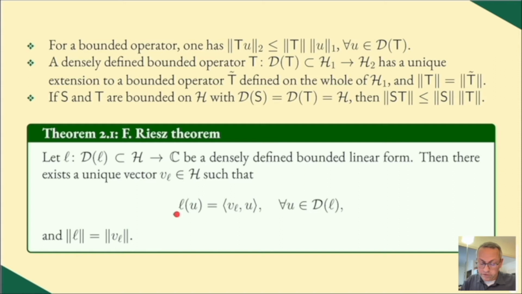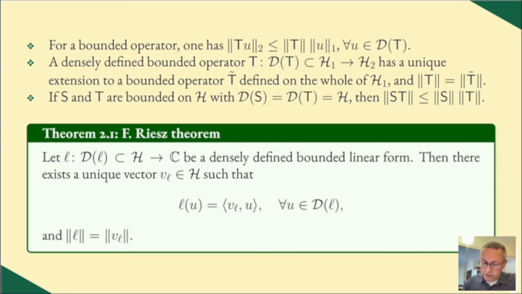So the value of the form L on u, which is a complex number, is just the scalar product of v_L with u. Right. And the norm of this linear form is simply the norm of the vector v_L.